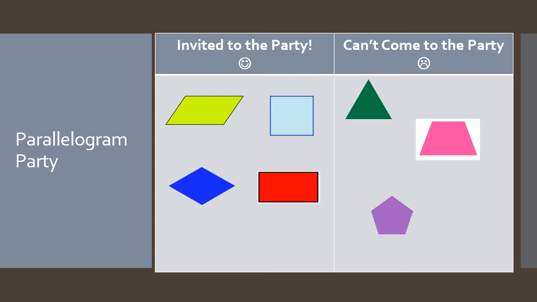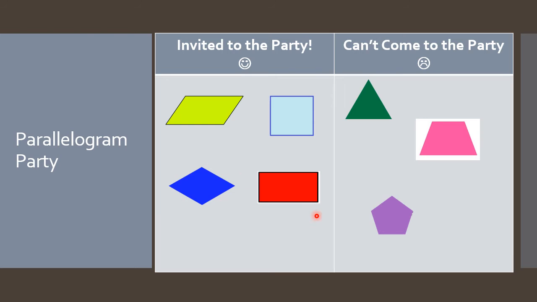A parallelogram party, yeah. So this shape is just your classic parallelogram, and they can come because the top and bottom are parallel, will never touch, and so are the sides. A square and a rectangle and a rhombus are also parallelograms because the top and bottom, and the sides are all parallel.